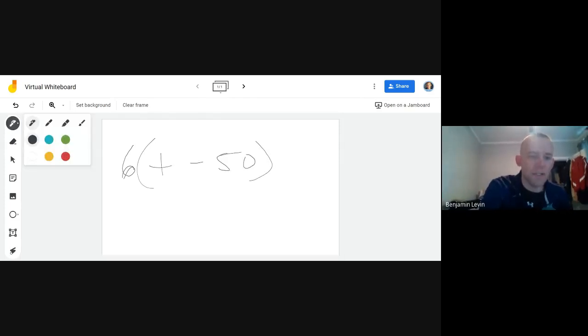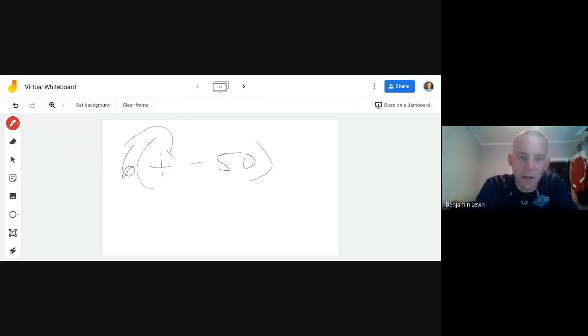What happens here is this gets multiplied by both things inside. It gets multiplied by t and it gets multiplied by 50. We know that 6 times t would be 6t. And we know that 6 times 50 would be 300. And we obviously keep our minus sign, right?